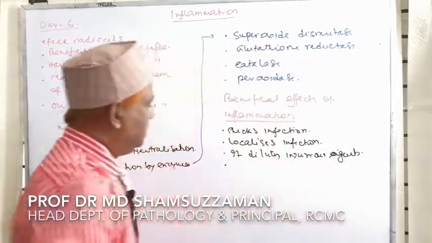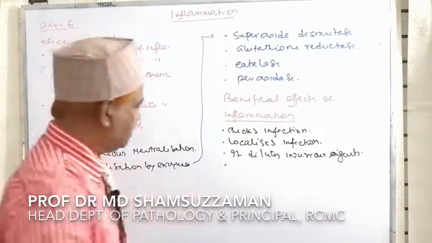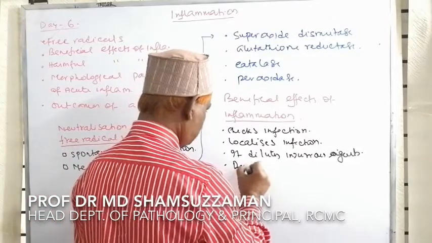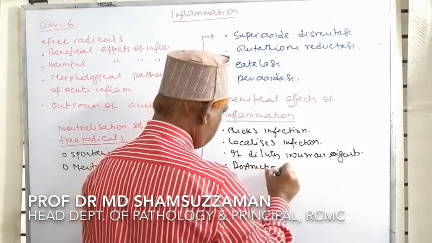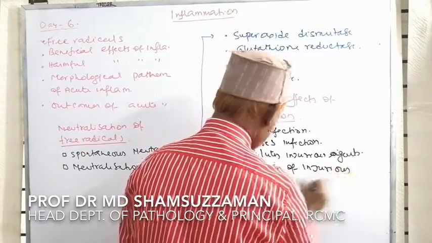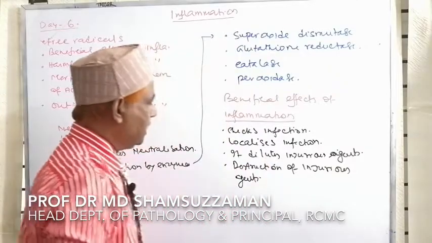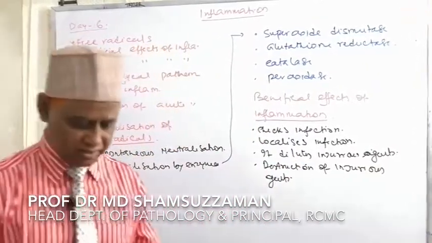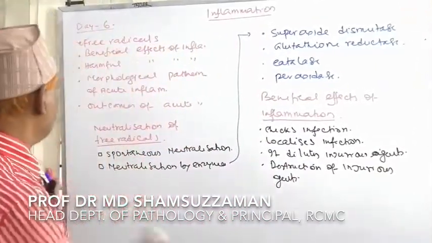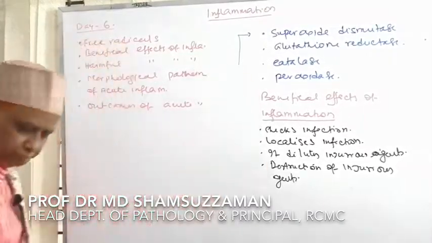Then injurious agents are also destroyed. How? The injurious agents are destroyed by phagocytic cells. You know, phagocytosis is one of the events of inflammation.